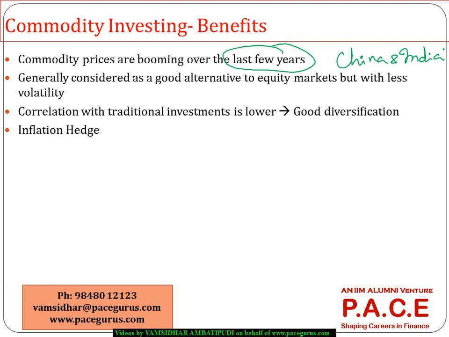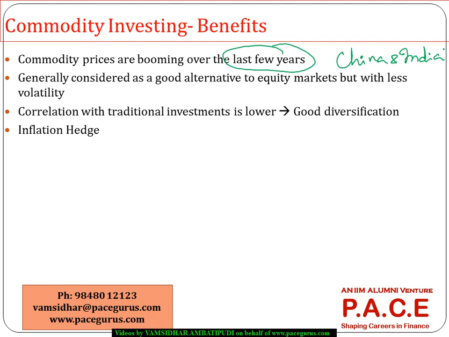And finally, they are treated as a good hedge against inflation, because inflation is defined as an increase in the price of a basket of goods and services over the current price, and a decent composition of the basket is the essential commodities themselves.